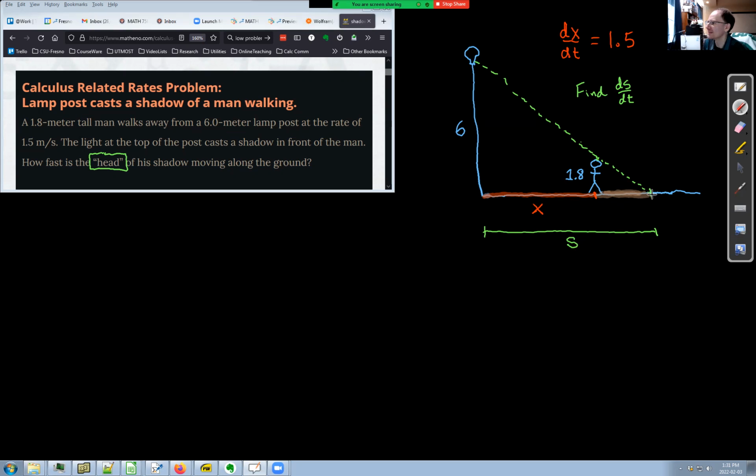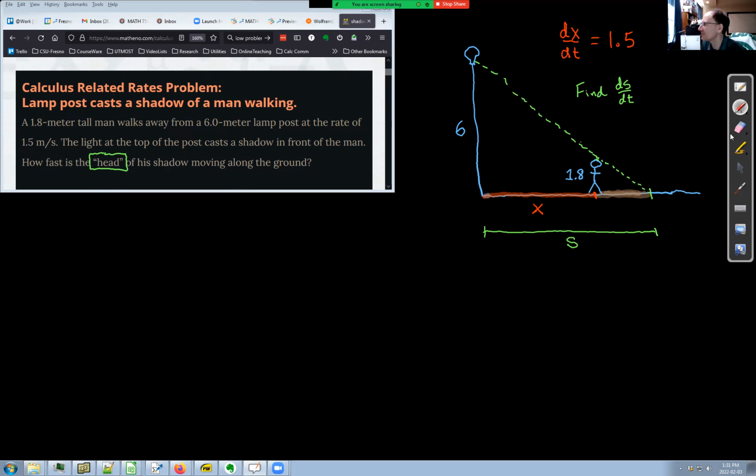The only thing that's changing in this S is the end of the shadow, which is what the question is asking for. So that is a super subtle distinction, and I can totally understand why people miss it. I still sometimes get these problems wrong because I make that mistake.